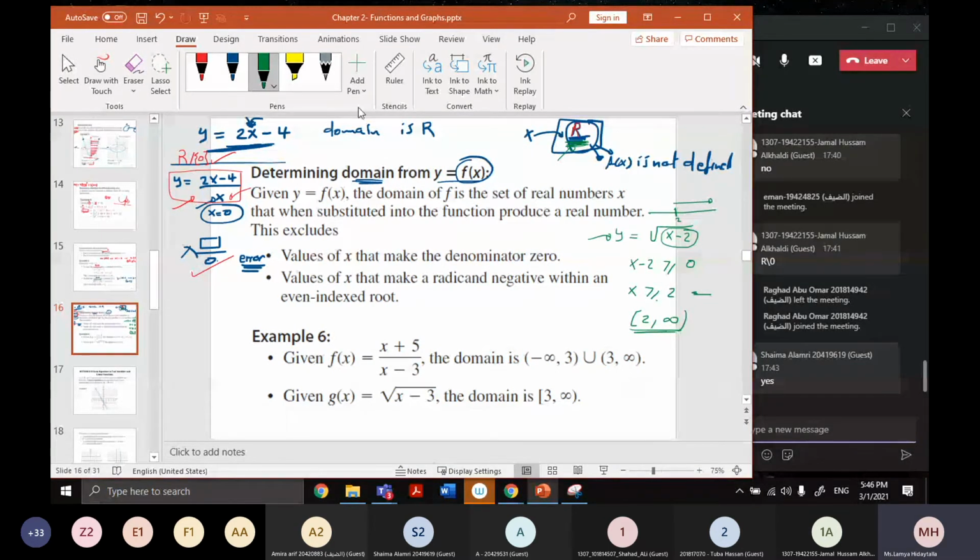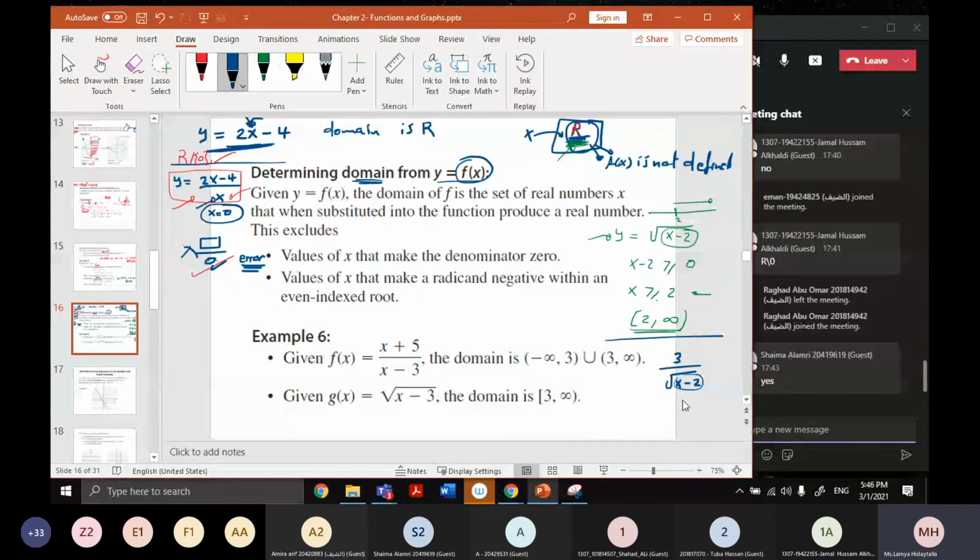Okay, now what if our function was, for example, 3 over the square root of x minus 2. Now I have two problems. The first one, I cannot divide over 0. And the second one, under the square root, it should be a positive quantity.